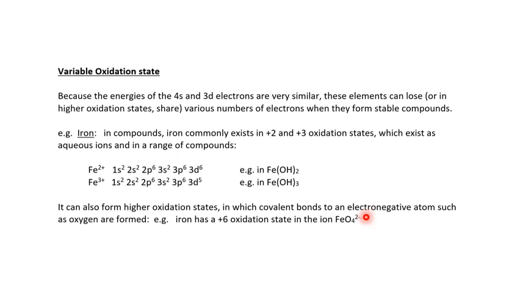And in those, it's important to know that those elements don't exist as Mn7+ ions or Cr6+ ions. That's not energetically feasible. They exist in those high oxidation states, but they're then covalently bonded to oxygen atoms. And iron has an example of one of those too. FeO4 2-. If you work out the oxidation state, the iron is +6 in that ferrate-6 ion.